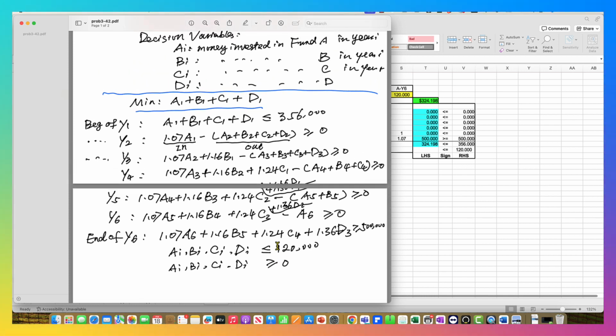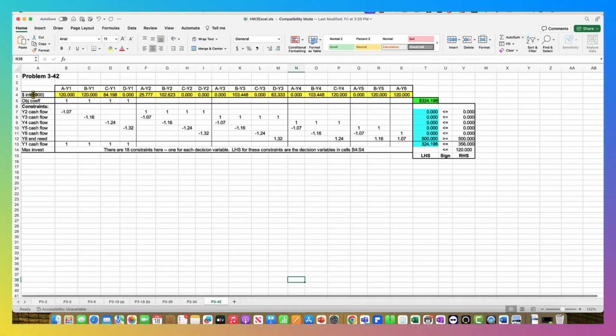Next step is to use an Excel spreadsheet to generate solutions. On the top part, it's all decision variables.